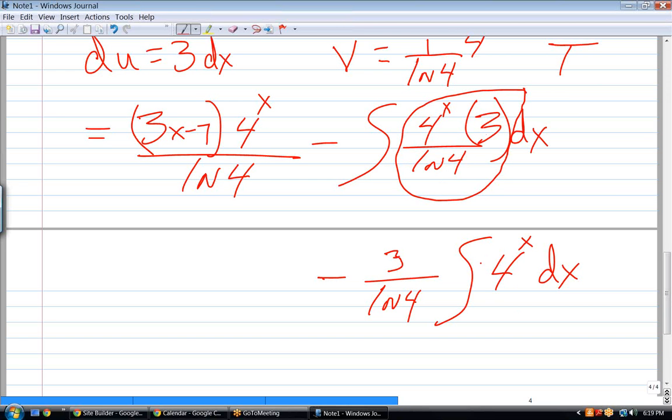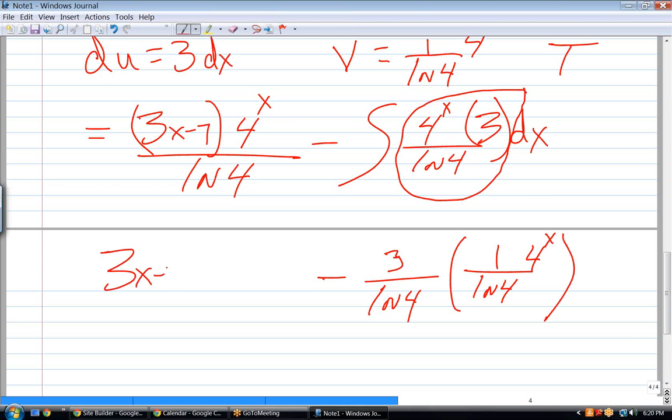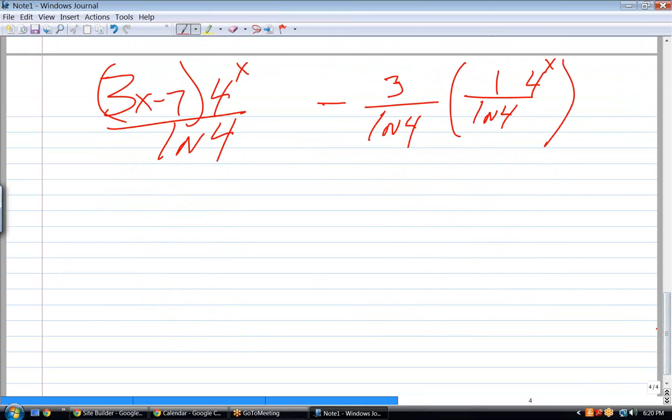Now, what's the antiderivative of 4 to the x? That would be 1 over ln of 4 times 4 to the x. Simplify.